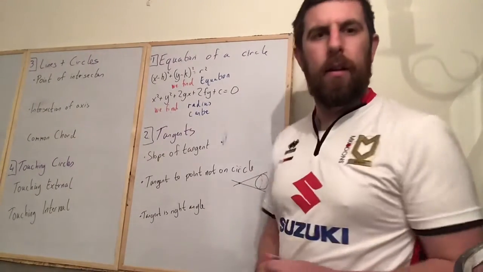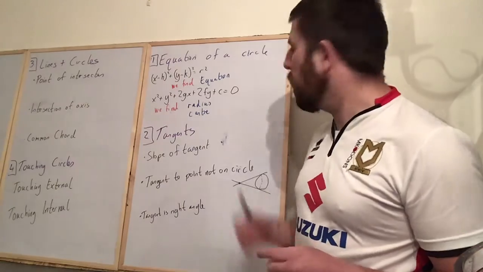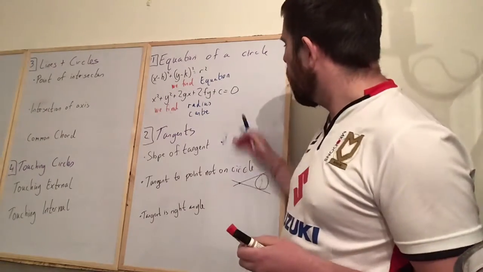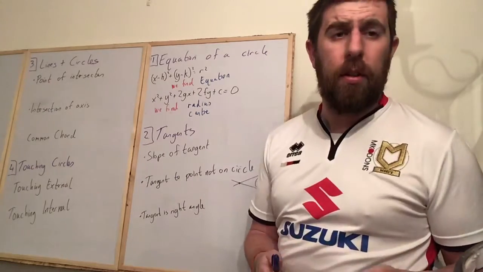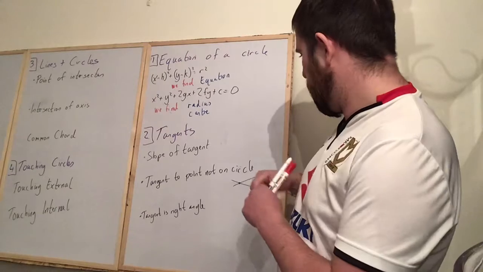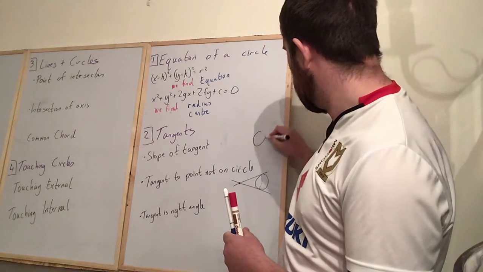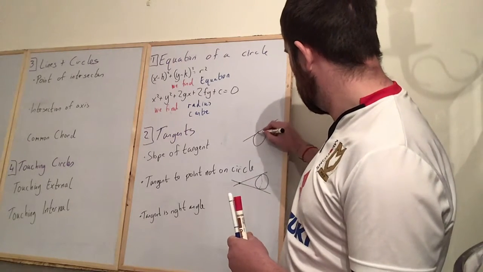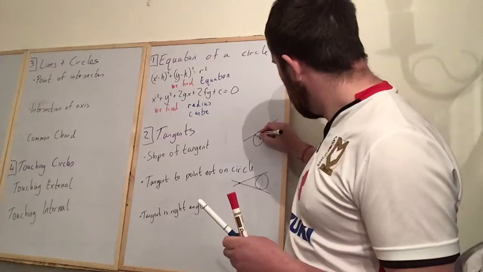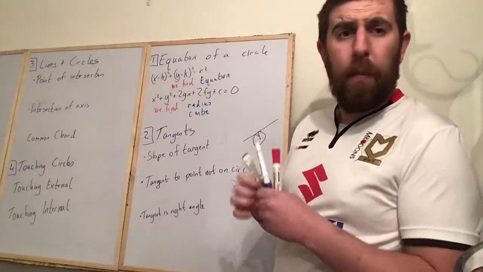Okay, so the second one we're looking at is tangents. A few ideas that we need to know: for drawing a tangent, the slopes of the tangent and the line from the center to the point of contact are perpendicular.